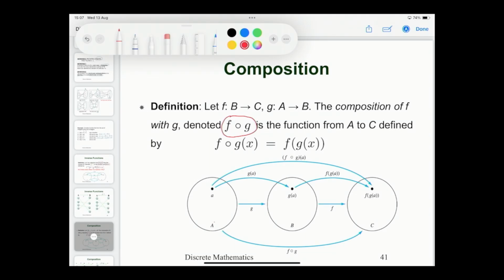So let's take a look at the diagram here. Then we have a function from set A to set B, that's function g.